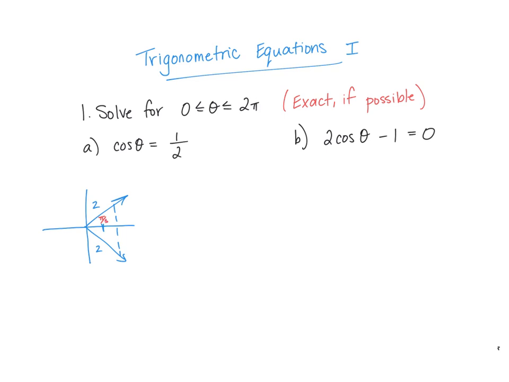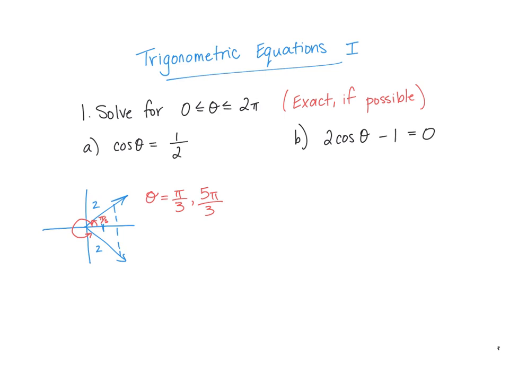So I can use that special triangle to write my related acute angle, and I know that theta will be pi by 3 or 5 pi by 3.